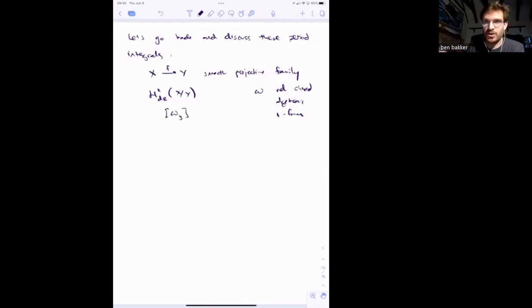This is an algebraic section of this vector bundle. I can look at its coefficients with respect to a flat basis, which is the same as integrating along a topological cycle. I get these functions, these period integrals, which are multi-valued functions from Y to C.